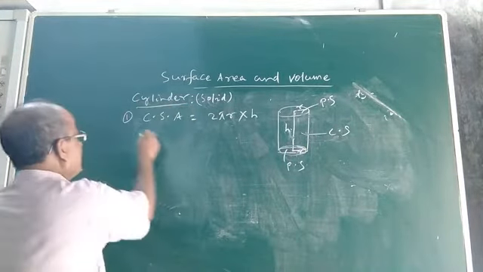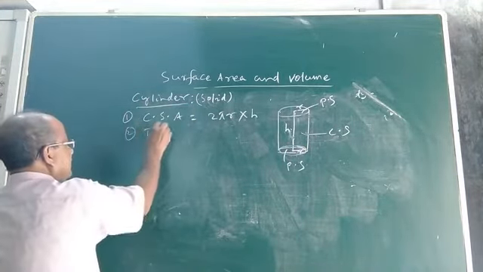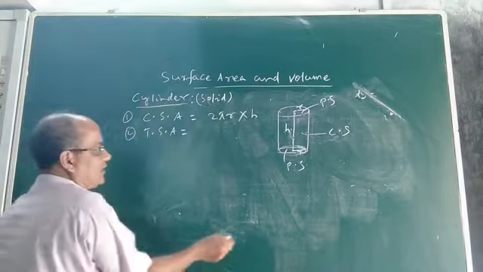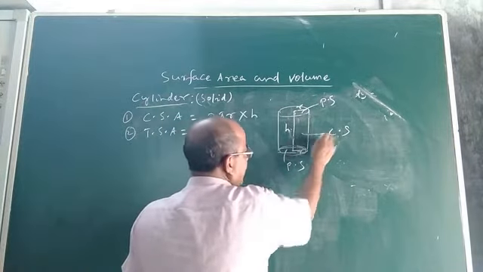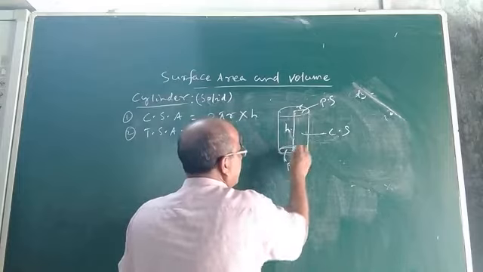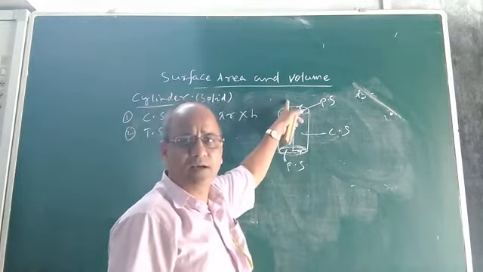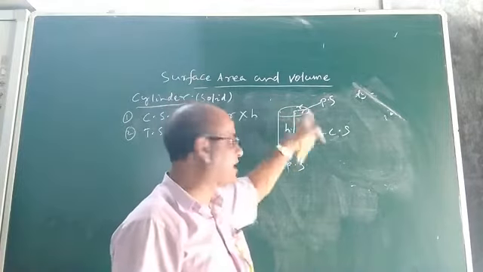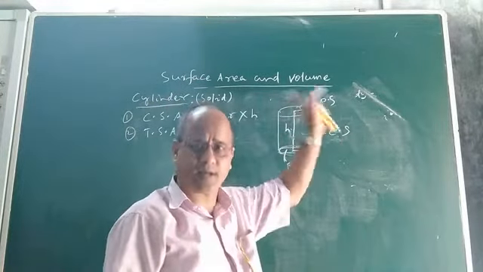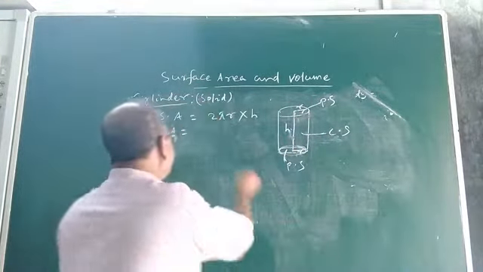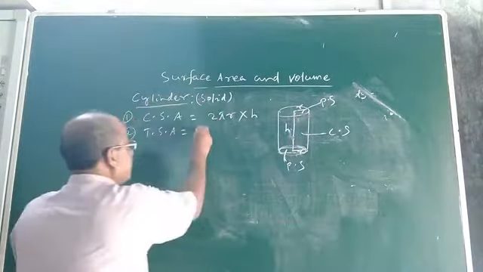Next, how to find the total surface area? Total surface area means the area of the curved surface plus the area of this plane surface and this plane surface. That means if the area of the base and top is added to the area of the curved surface, we will get the total surface area, which is given by 2 pi r into (h plus r).